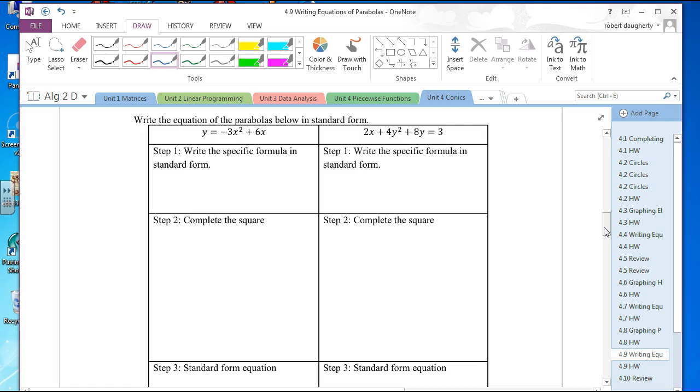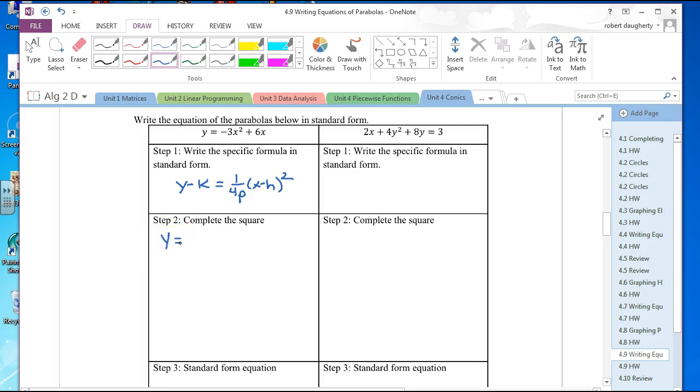So what is the specific formula for this parabola? You know, y minus k equals 1 over 4p times x minus h squared. That's what I need to get it to look like. So that means get the y's on one side, the linear term, and then complete the square in x. So this is y equals.